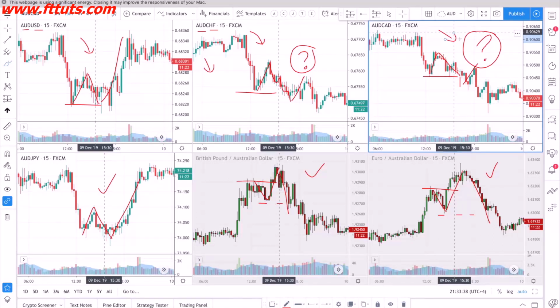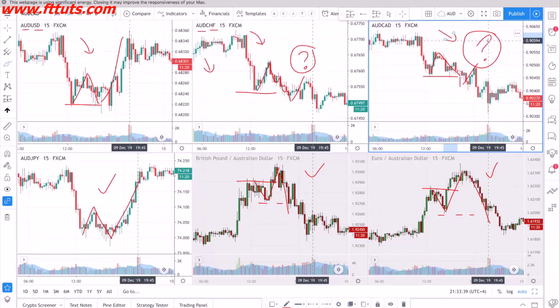If there were checks on everything, but this one you're like, I'm not sure why this is not going up. That means something is happening with the Aussies, is why even though all of them are pulling back, Aussie CAD is like, no, not me. At that moment, CAD might be moving aggressively, and that's what's holding that market.